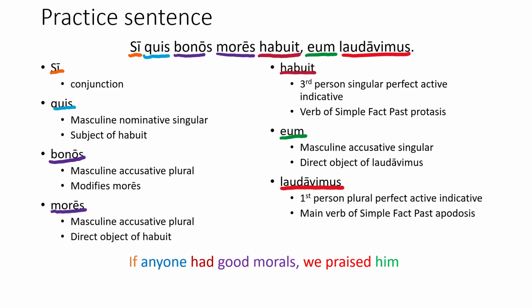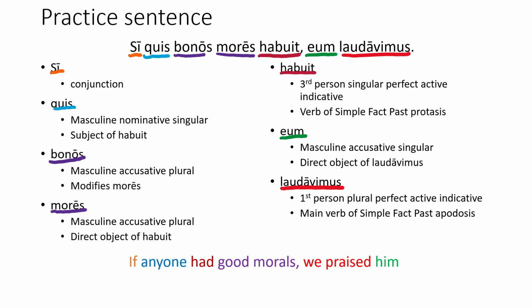Let's start with the rest of the protasis first. It is introduced by the conjunction si. The subject is quis, which is the masculine nominative singular of the indefinite pronoun, not the interrogative. Remember, after si, nisi, num, and ne, all the ali- run away. The direct object of habuit is the masculine accusative plural mores, which is modified by the masculine accusative plural adjective bonos.